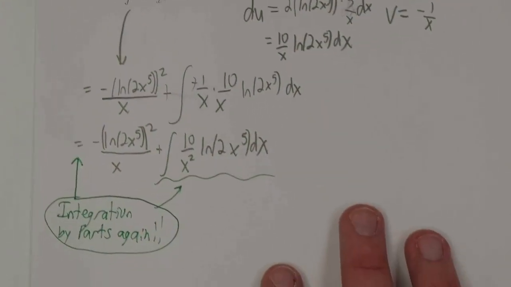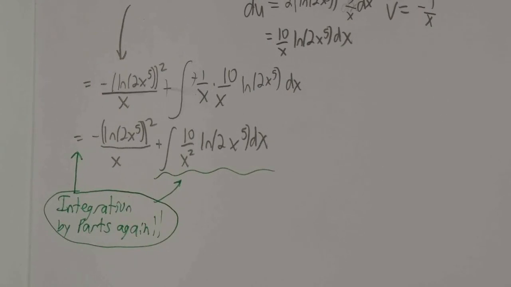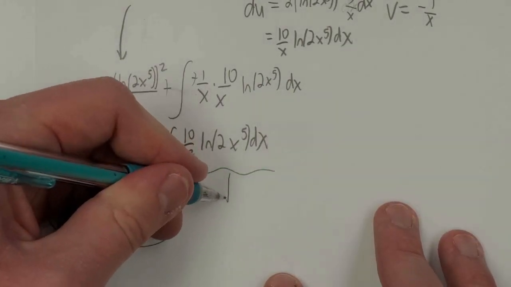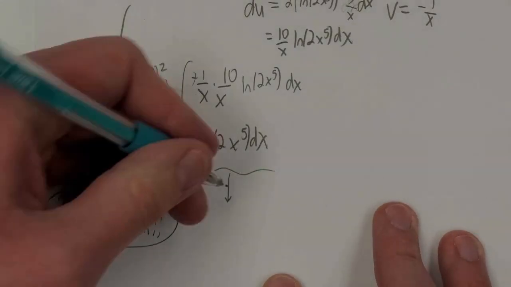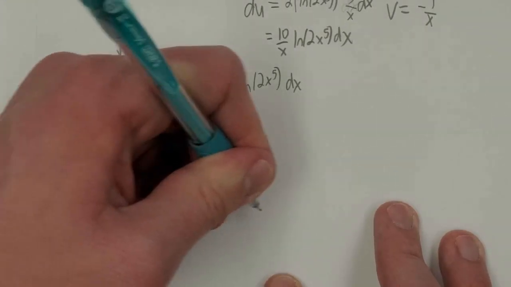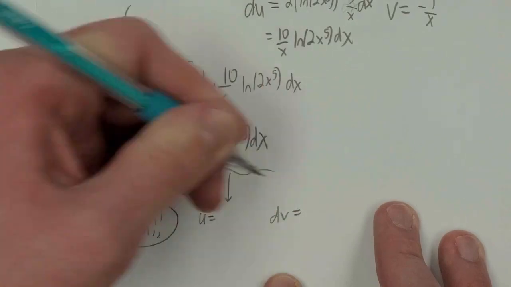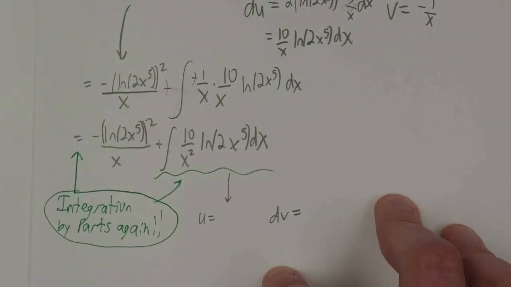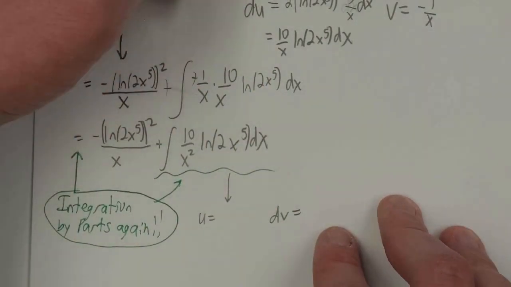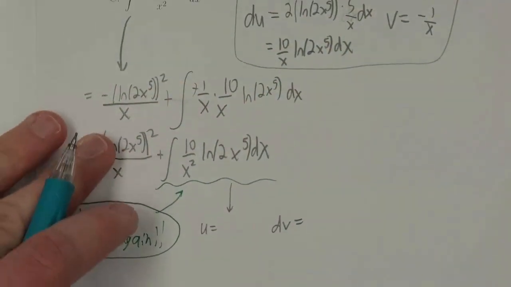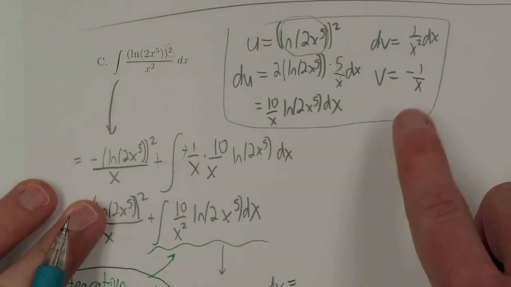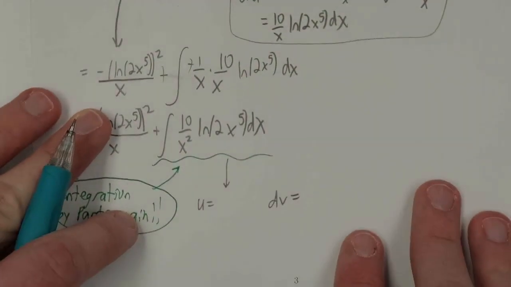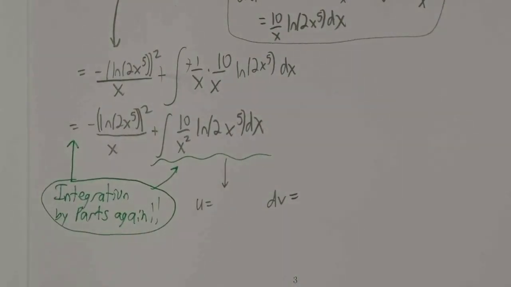Okay. So with that in mind, what would be our good choice of u and dv in this case? If we utilize similar reasoning as we did above, by which I mean this guy here, then what would be an appropriate choice for u and dv here?